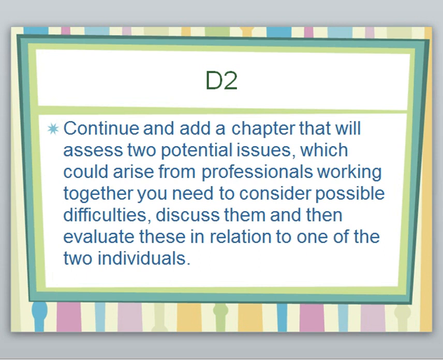So hopefully you've managed to look at the Victoria Climbié case and identified some of the issues that were identified there in terms of multi-agency working and some of the problems that can and often do materialise. So for D2, you need to continue your assignment and add a subsequent chapter that will assess just 2 potential issues which could arise from professionals working together.